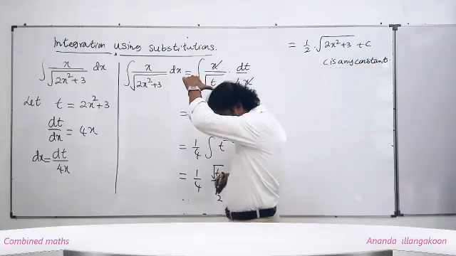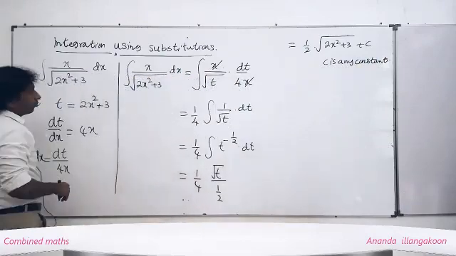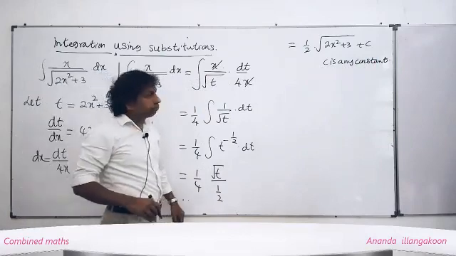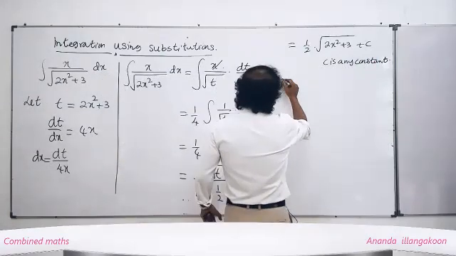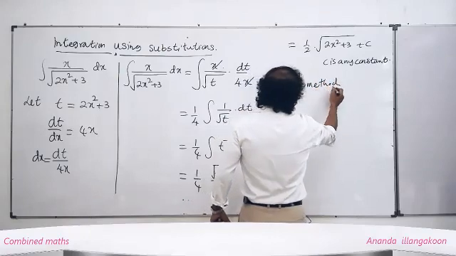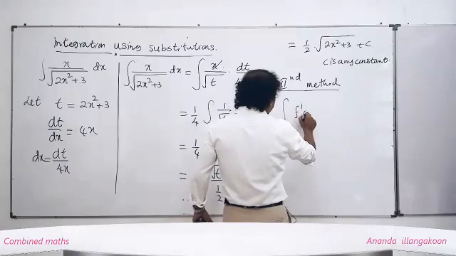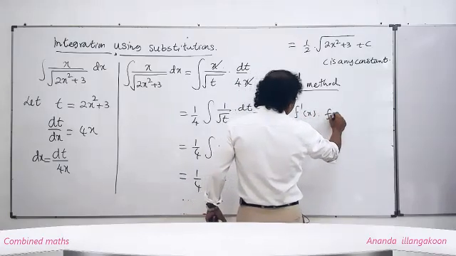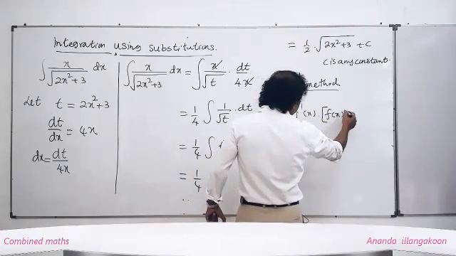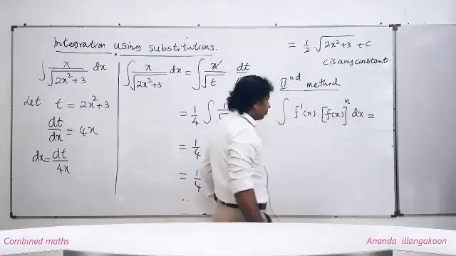Now the same answer we can obtain very easily in another way. What is that? In the morning we discussed one relation like this: the integral of f dash x times f x to the power n dx.